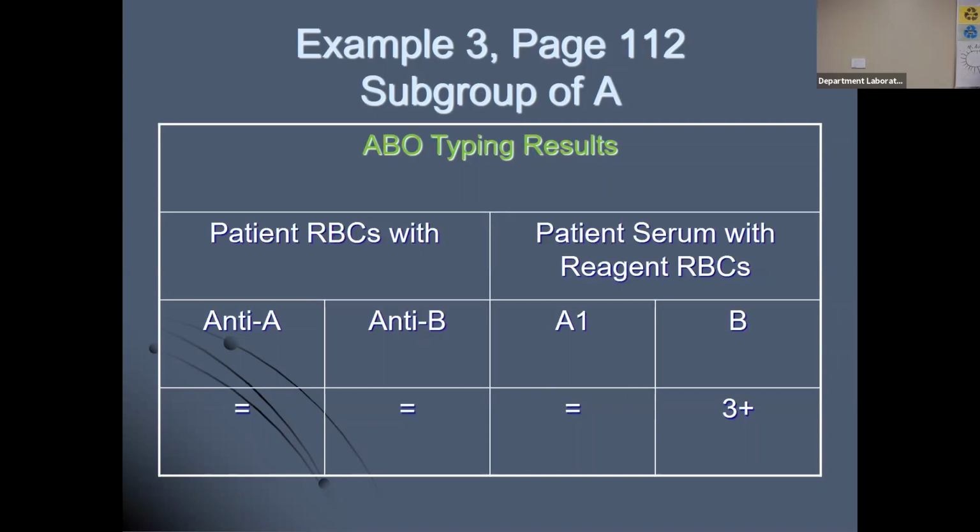So if this was a group O patient, it would not react with A,B, right? However, if it does react with A,B, then you know you have a weak subgroup of A. And it's all because you have a subgroup of A that has a very weak antigenic expression, so we're not picking it up with our testing techniques.